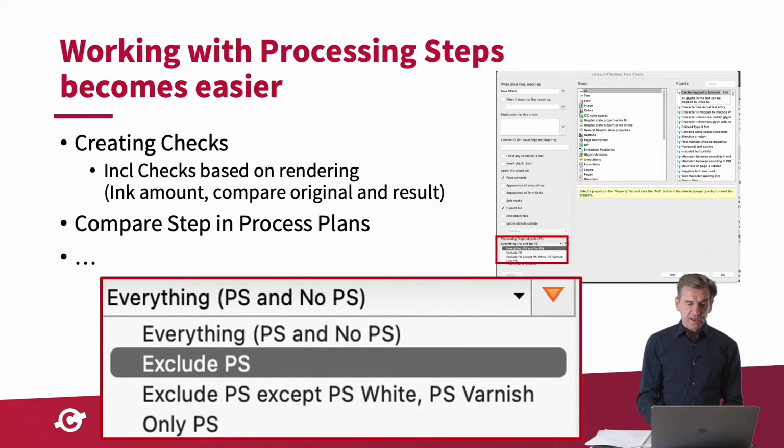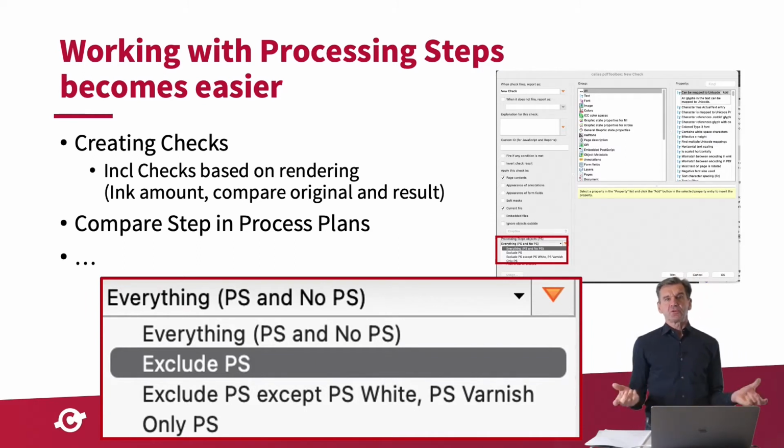So if you say, I want to determine the ink amount on a page, but I don't want to take processing steps information into account, you can use that pop-up and that will work accurately. And the same in the compare step in a process plan.